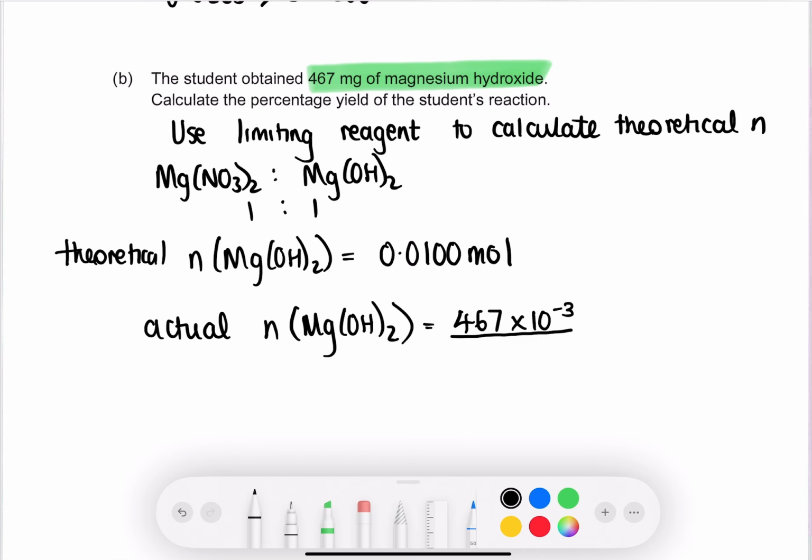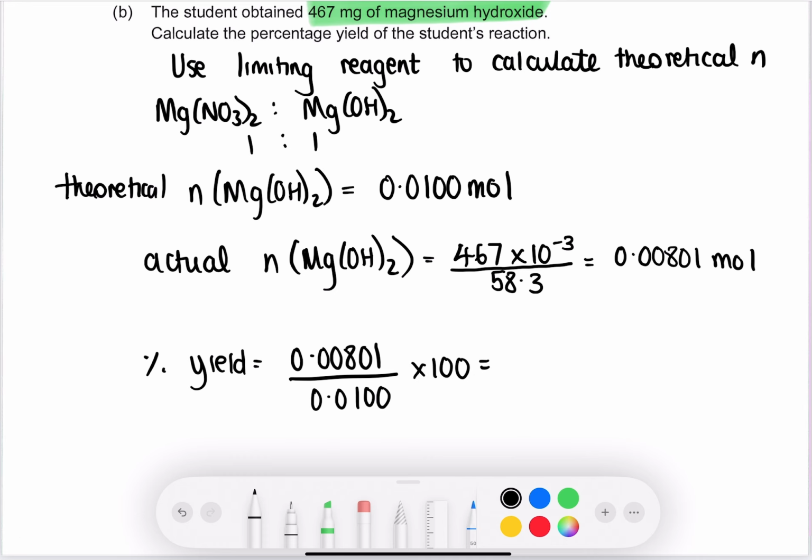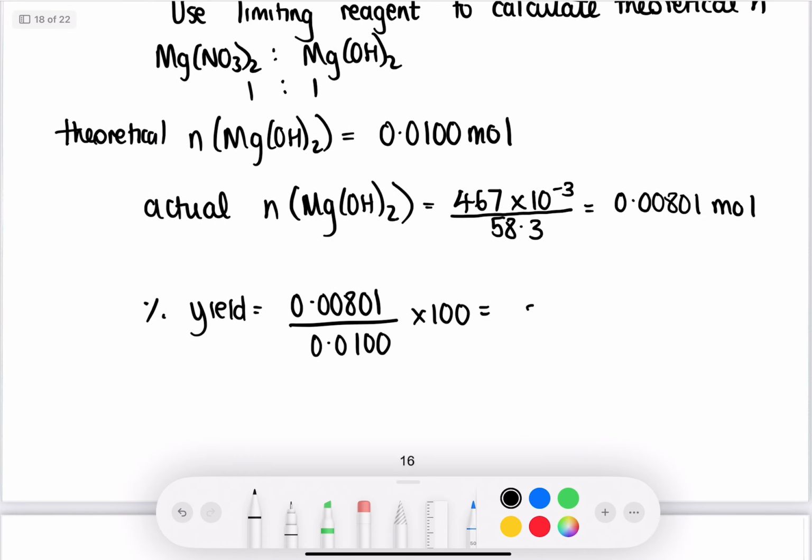So that's 58.3. That's coming out to be 0.00801 moles. So what's our percentage yield? Actual over theoretical, and then we're going to express that as a percentage, and that is coming out as 80.1%.